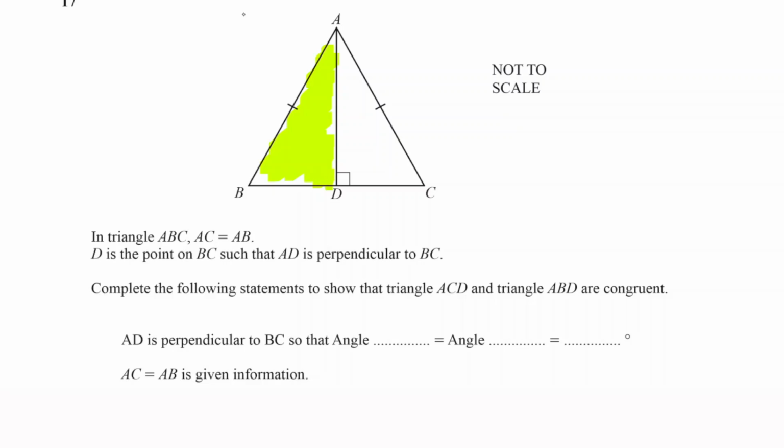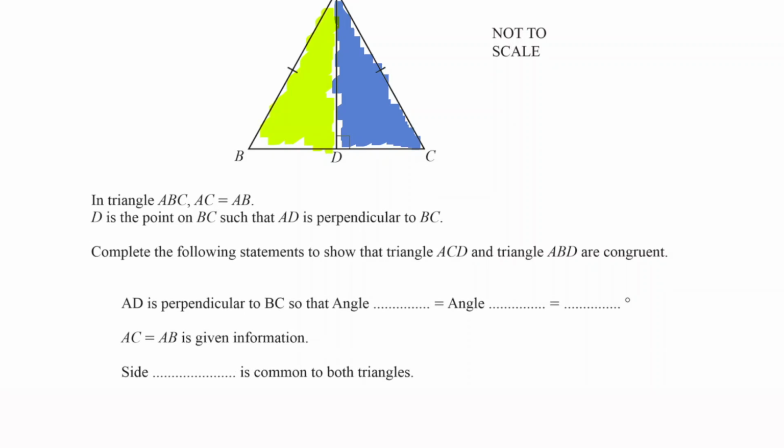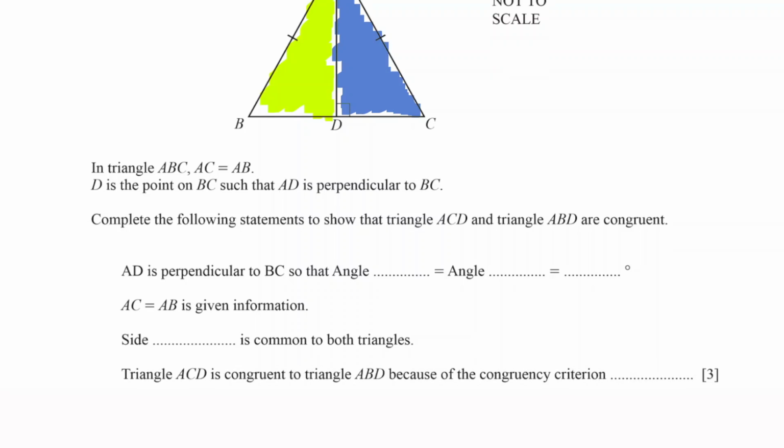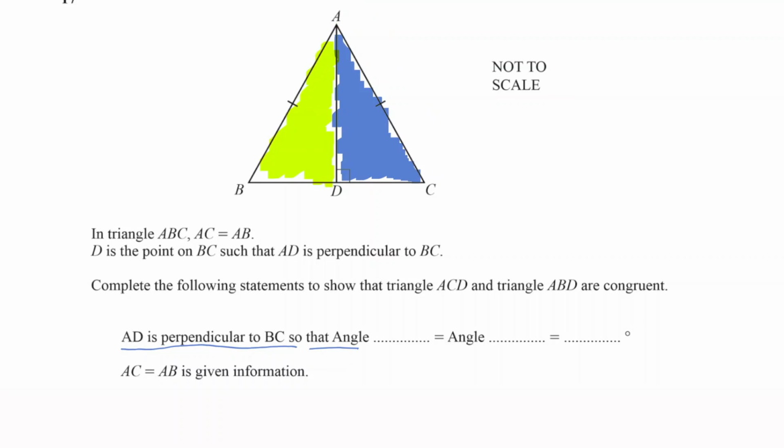is congruent to this triangle. We have to make sure we compare the two triangles, ACD and ABD. They have given some statements, let's understand them. AD is perpendicular to BC, so this angle is 90, it's given, right?